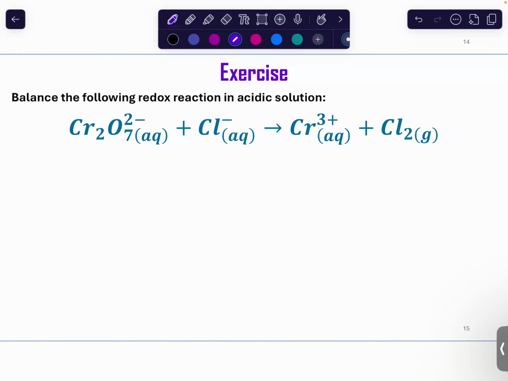Okay, we're running out of time, so I'm going to start going through this. So that's what your charges should look like.